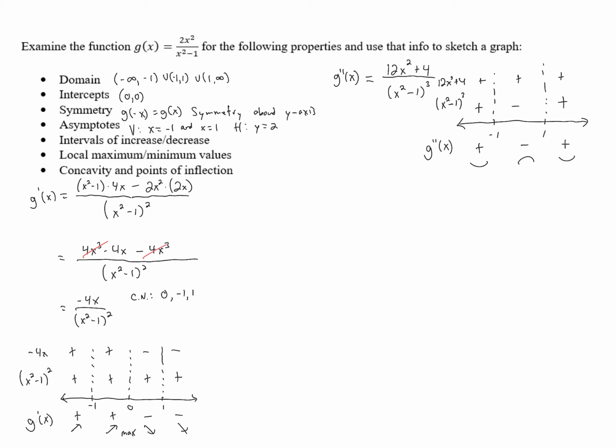So let's get some axes and start graphing this. Okay, so we said we had vertical asymptotes at negative 1 and positive 1. So let's draw those in.